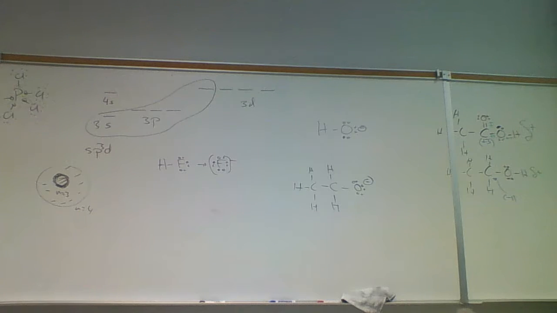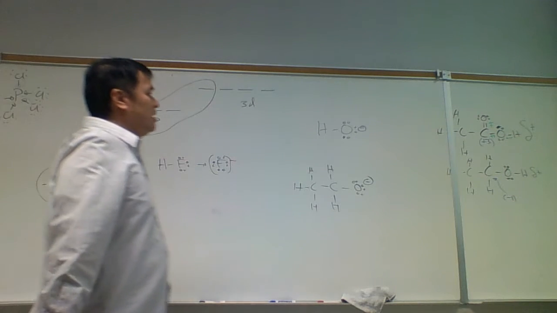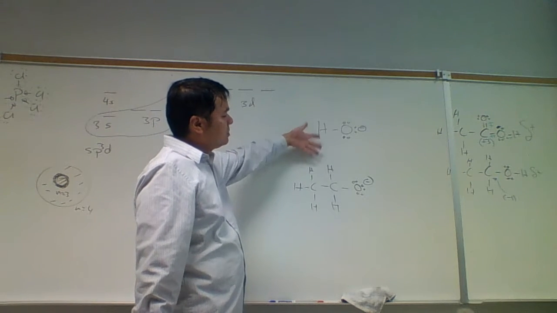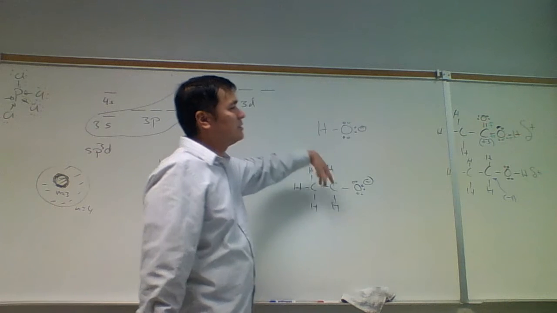Yeah, which one is a more powerful base? Which one is less stable, more reactive? That's what I'm asking. Hydroxide or ethoxide? And why? We know we want to produce the more stable one in general, but as far as stability goes, which one do you think? Here it's easy.